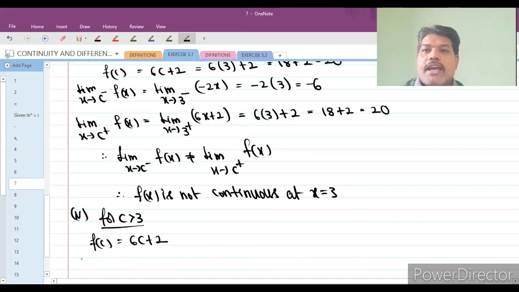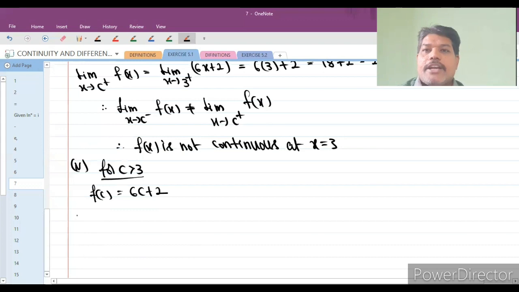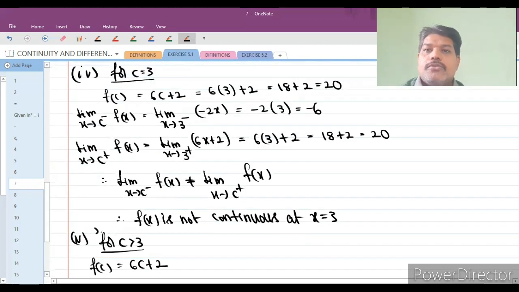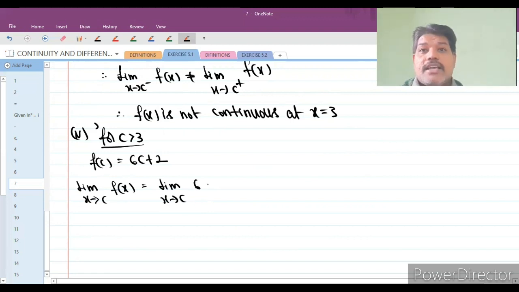And also we can calculate that limit as x extends to c of f of x, which is equal to limit as x extends to c of f of x. The f of x value is nothing but 6x plus 2, so that means it is 6c plus 2.